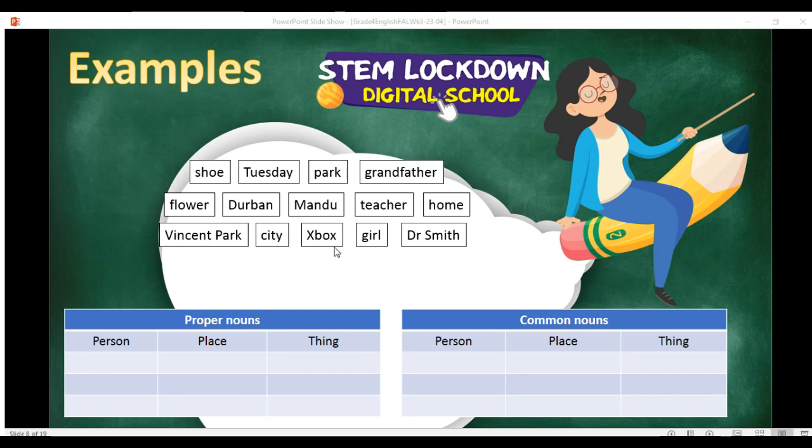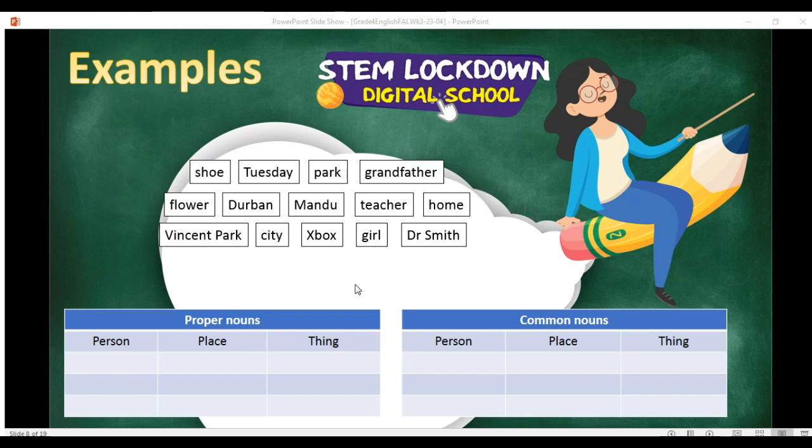So these are all my nouns, and I need to sort them into proper and common. You'll see for each block, I've got person, place, and thing. Because for common and proper nouns, I can divide my nouns into those 3 sections.